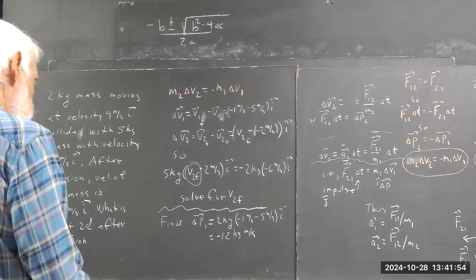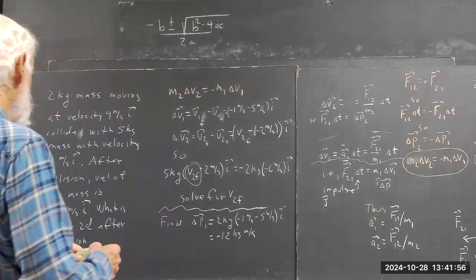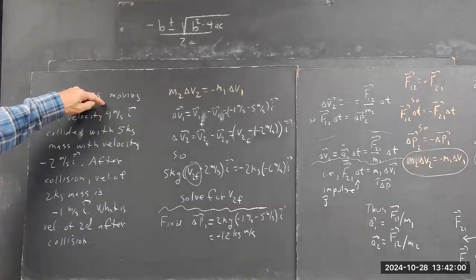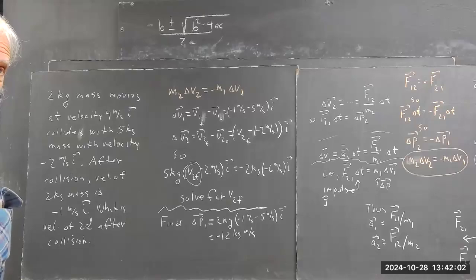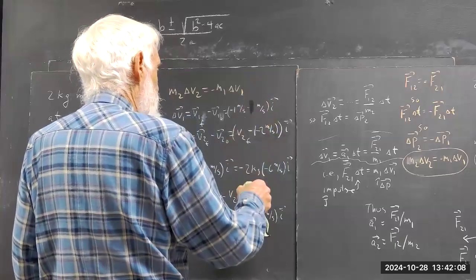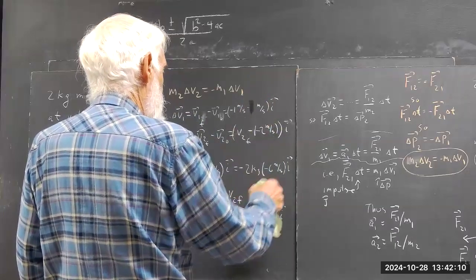Okay, I did a bonehead thing. Thinking ahead, I knew we were going from this to this, it's -5 meters per second. So I wrote that down as my initial velocity. So let's just fix that.